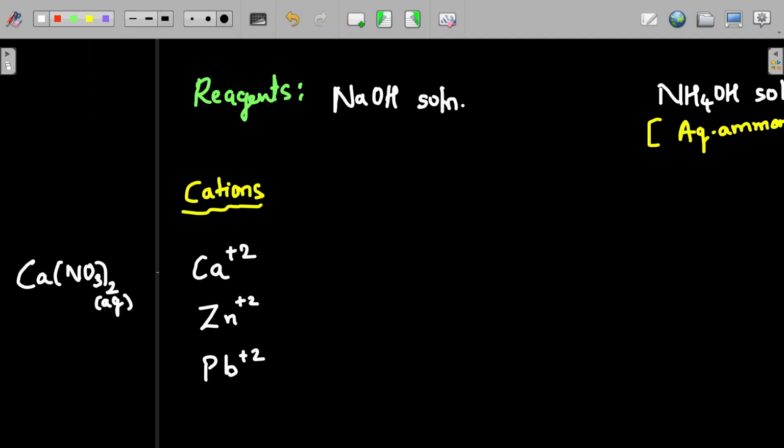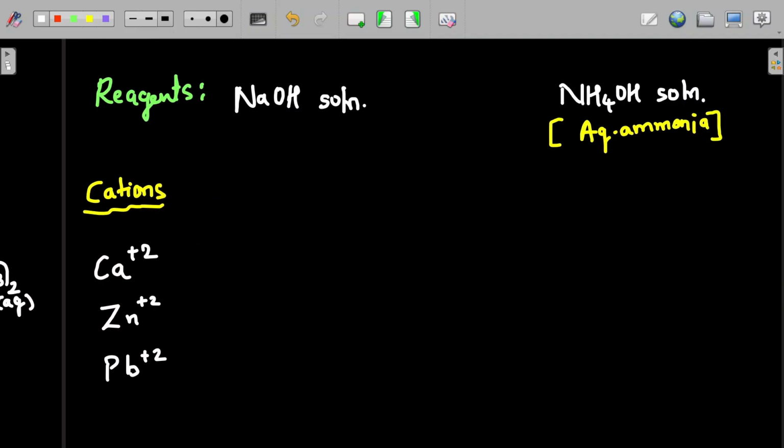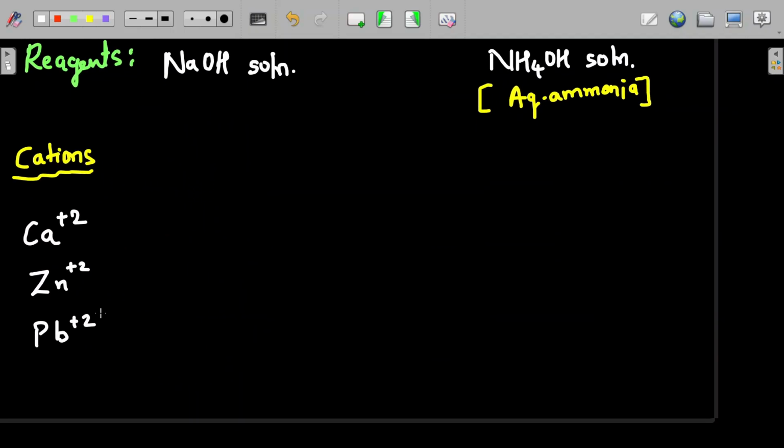They may ask how you differentiate calcium ion and lead ion, or how you differentiate between calcium nitrate, zinc nitrate, or zinc nitrate and lead nitrate. So mainly you have to understand it is for the cations only. Some people have confusion remembering the precipitate color, so make a group of these three.